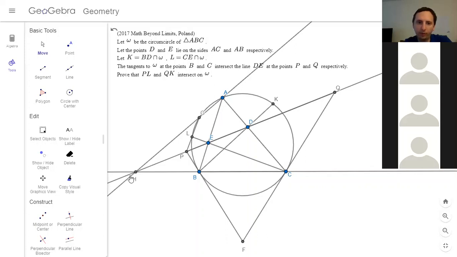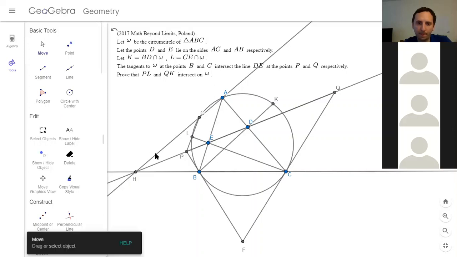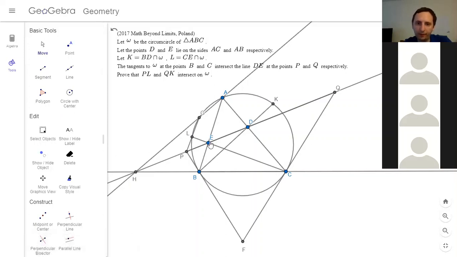So yeah, I think we can show H, P, and E are collinear, and we can show H, Q, and D are collinear. But we want to show all four are collinear.